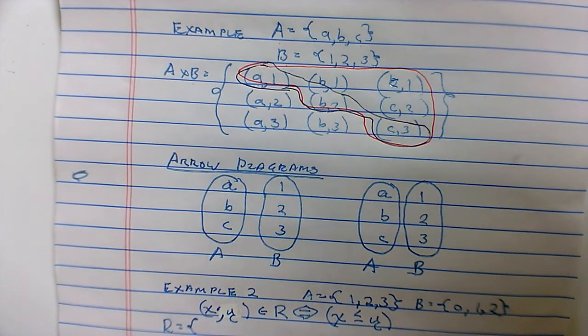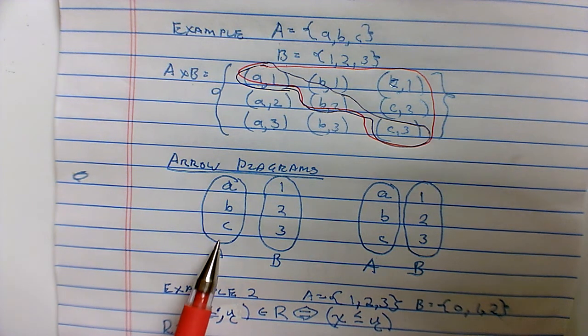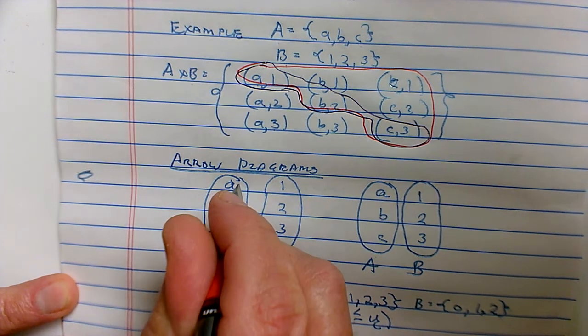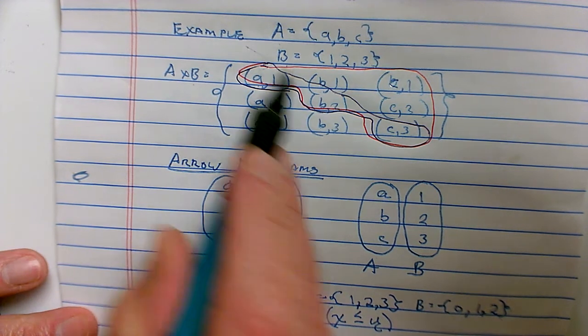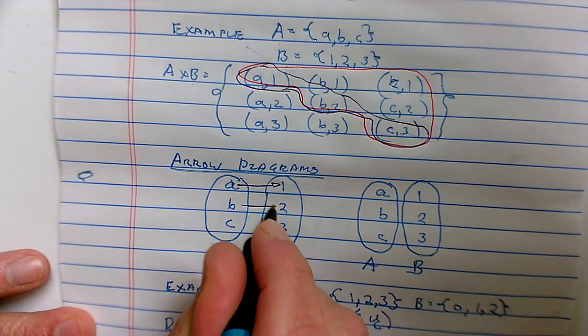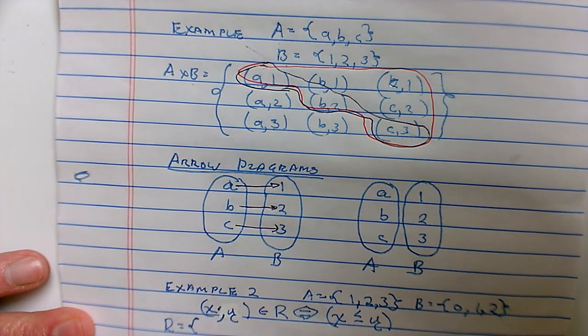Another way that we can show a relation is by making an arrow diagram, where we would show set A and set B, and we can show the relation by saying that, on this first one, the one that I drew coming down here, a is paired with 1, b is paired with 2, c is paired with 3.